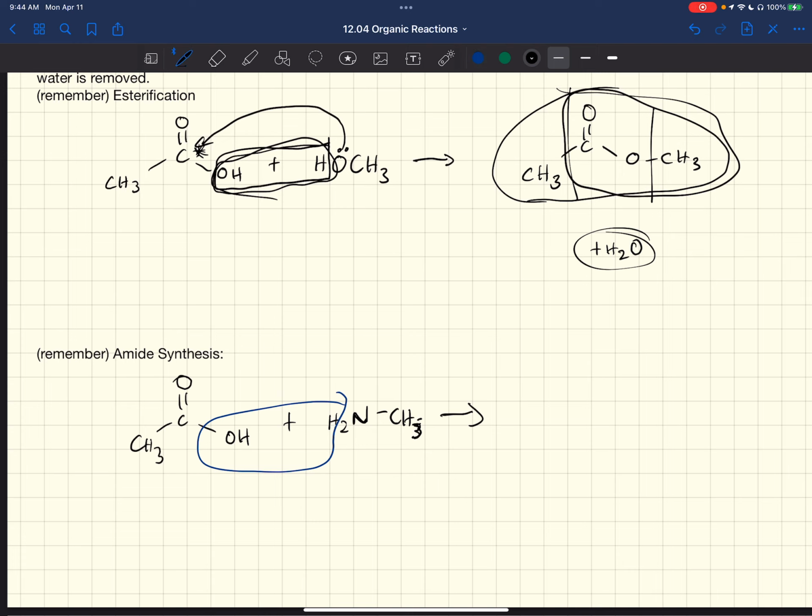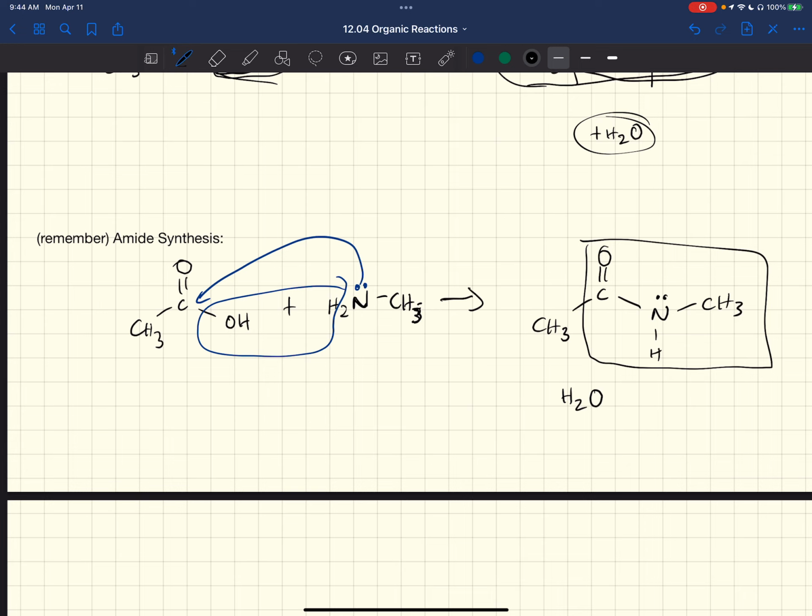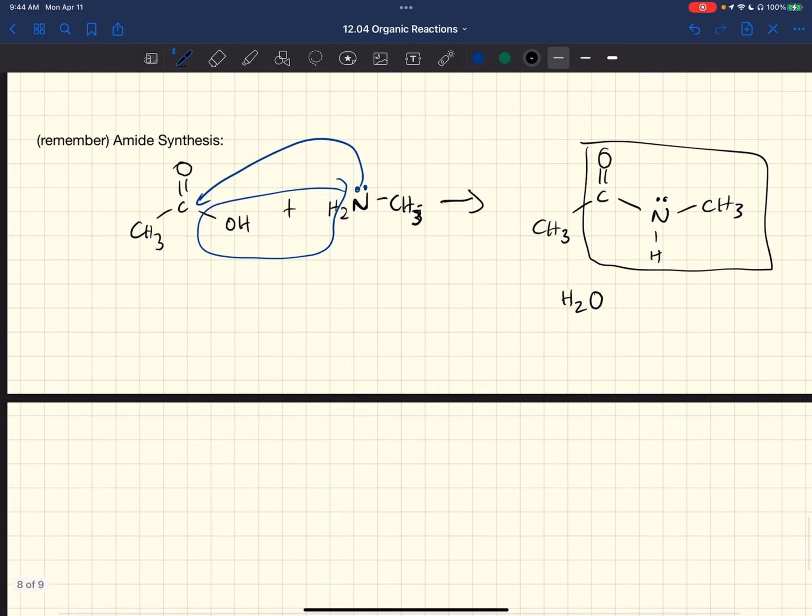So we're going to get rid of water again. And now we have our carbonyl carbon, and then the lone pair on the nitrogen is going to attach right in there. So we're going to get N, and we're going to lose one of the hydrogens. So we're going to form this. Here's our amide, or amide, depending on who's teaching your class.